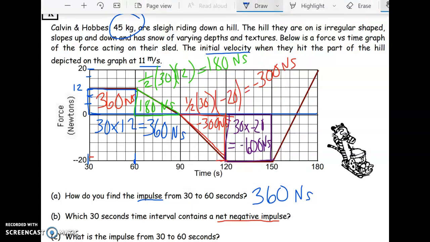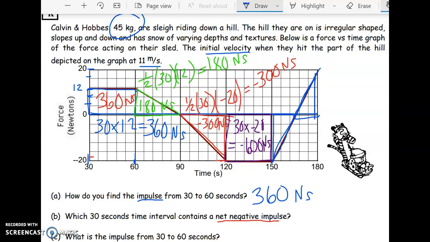For our next part of the graph, from 150 to 180 seconds, you can see that for the entire journey of this line, it is a straight constant slope. So that means we can assume that this triangle should be the exact same area as this triangle. So those would actually cancel out.